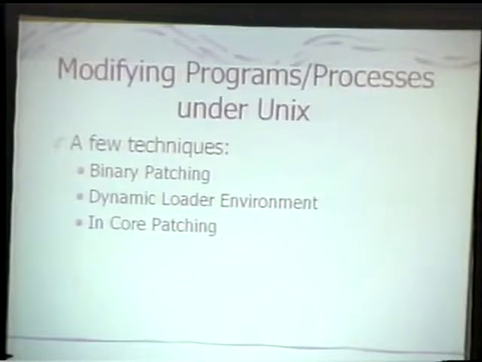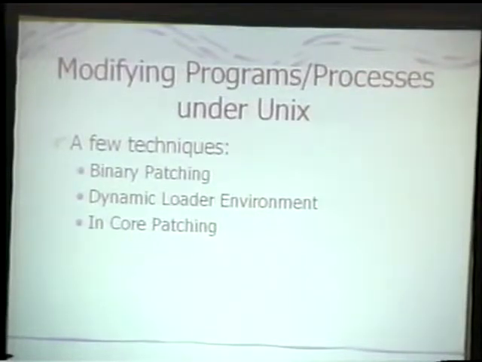So fair enough. We've talked about InjLib, and Halvar has spoken at length about how you can do this sort of stuff under Windows. How can you do it under Unix? What sort of techniques are there for modifying programs and processes under Unix? There are heaps, and there are a few we're going to speak about today. There is a wide variety on the internet, but a few which are interesting today are binary patching, that is patching the binaries while they're on disk and making them do different things, fixing vulnerabilities and subverting processes.